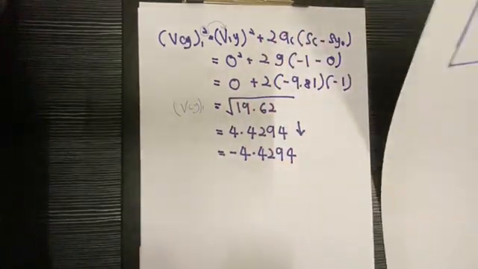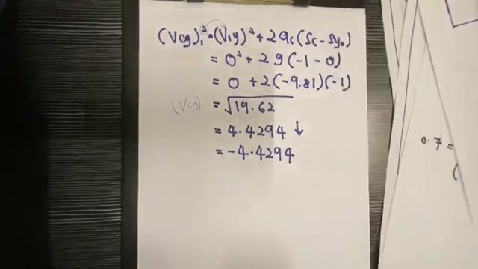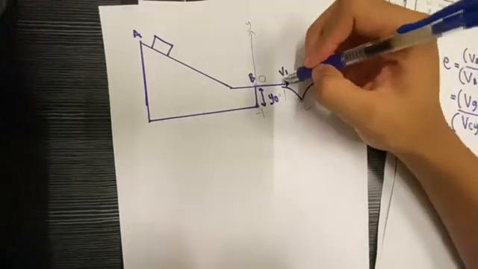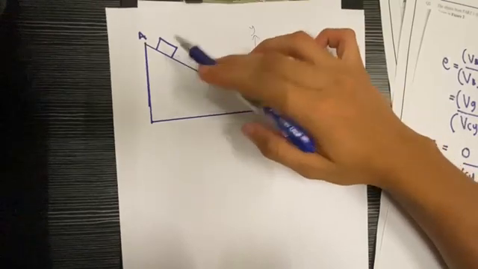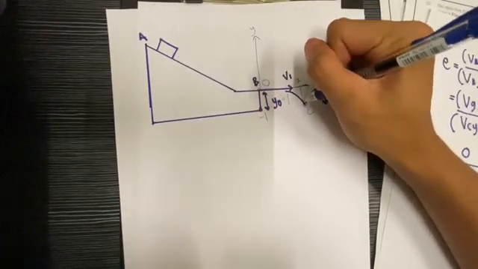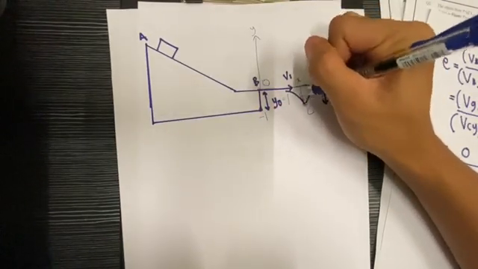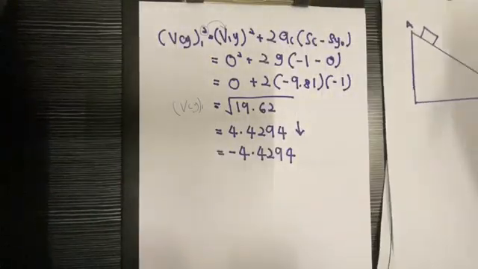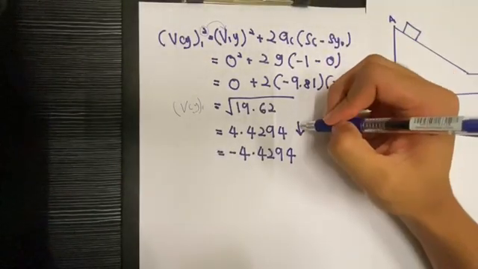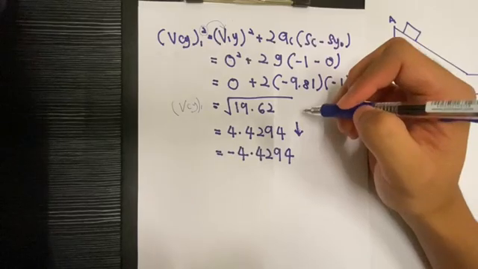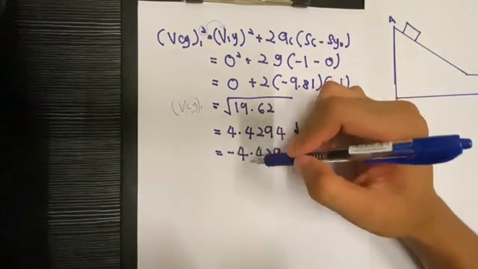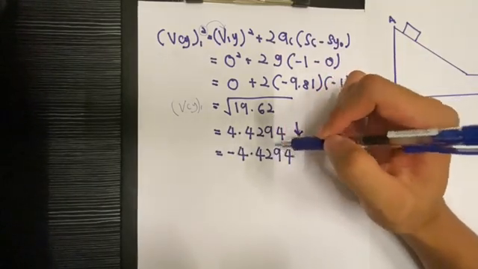Since we know the ball is going downward, we need to put it down here, so it is negative 4.4294.